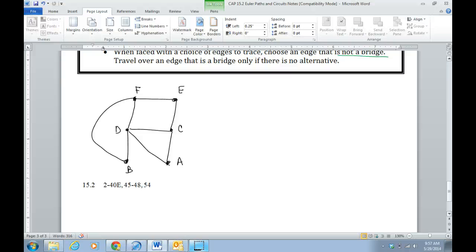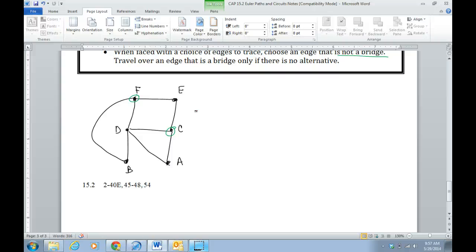And we want to ask ourselves if it's a bridge or not as we go along. Okay? So on this one, the odd vertices are F is one of them. And C is another. Is there any other ones that I missed? No. Okay. So let's start off at one of those vertices.